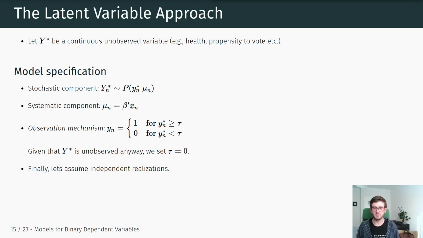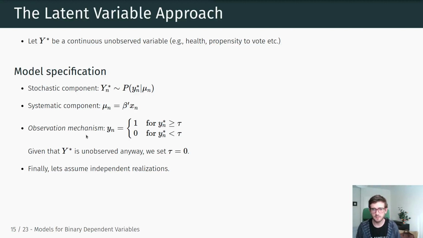And then, as we said, yn star is not observed in itself, right? We cannot measure someone's utility in any meaningful way, but we can observe the outcomes that are related to that underlying latent variable, right?